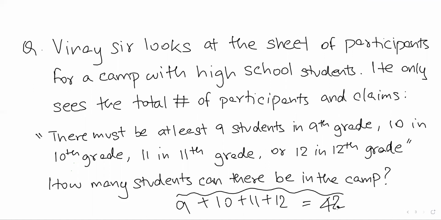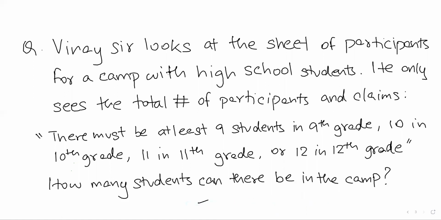So the first case is that only one of them is true. They can't be more than one of them at the same time. Only one among the four claims can apply because of the or, so we have to just add everything because we have to look at the worst case scenario.